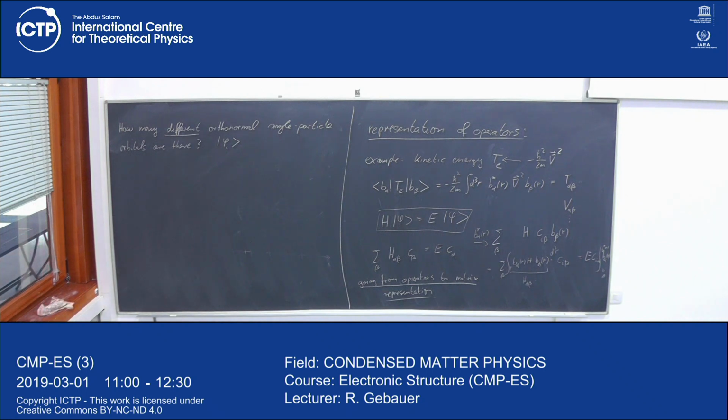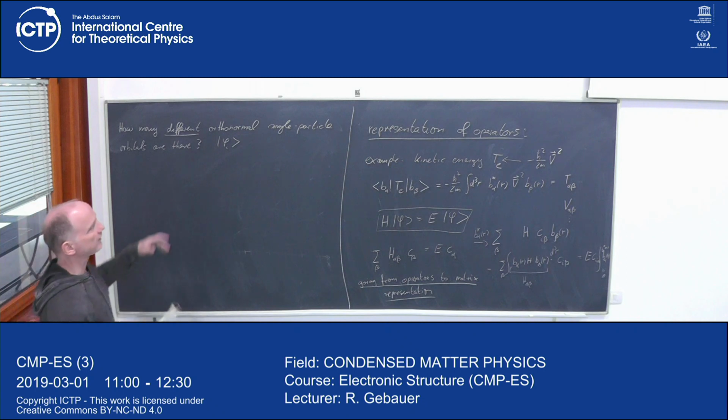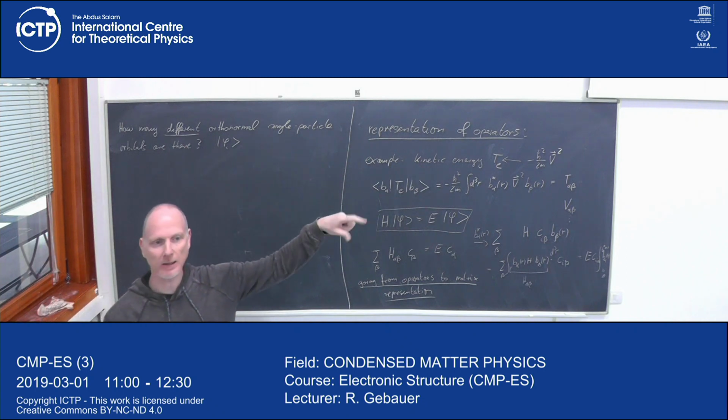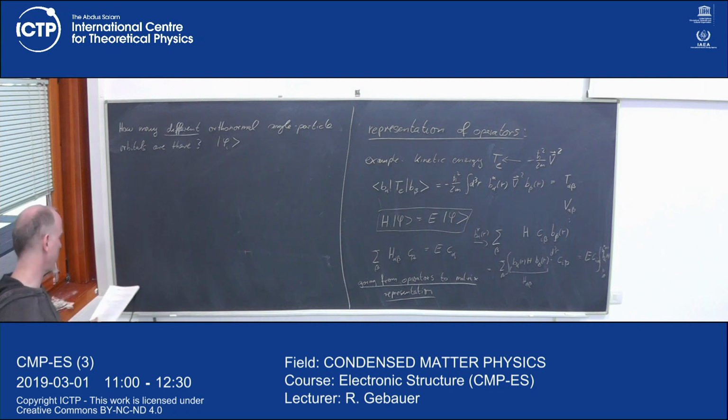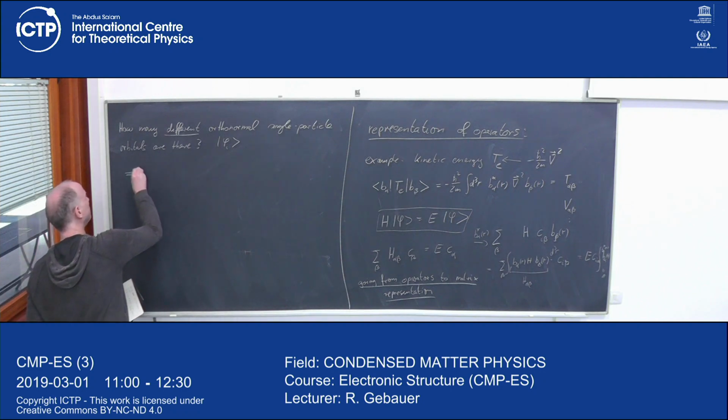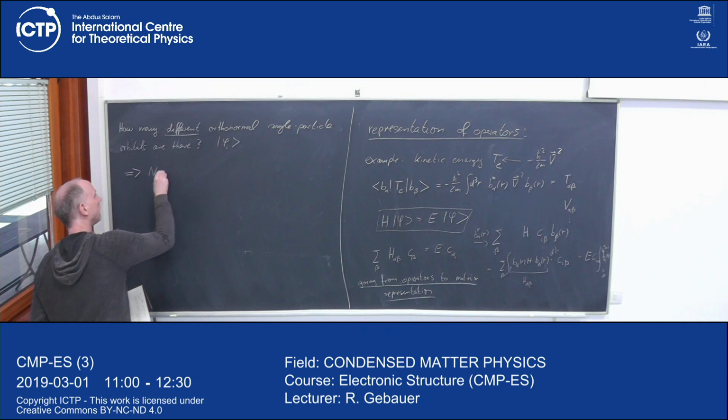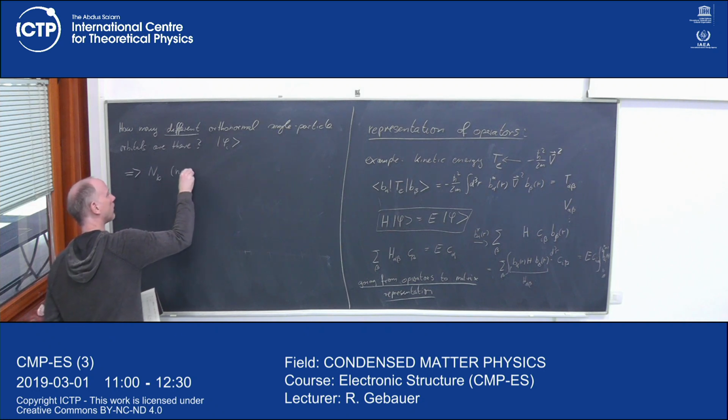Well, the answer is very easy. If our basis functions are linearly independent, which they generally are, then it's the number of basis functions. The answer is NB, the number of basis functions.